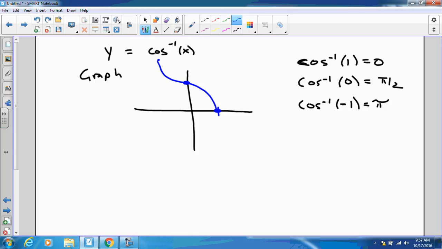And here's our graph. Ta-da. Notice that at the end points, right here and right here, dy/dx is equal to infinity because we have vertical tangents here, because we have horizontal tangents on the graph of cosine at the corresponding x points.